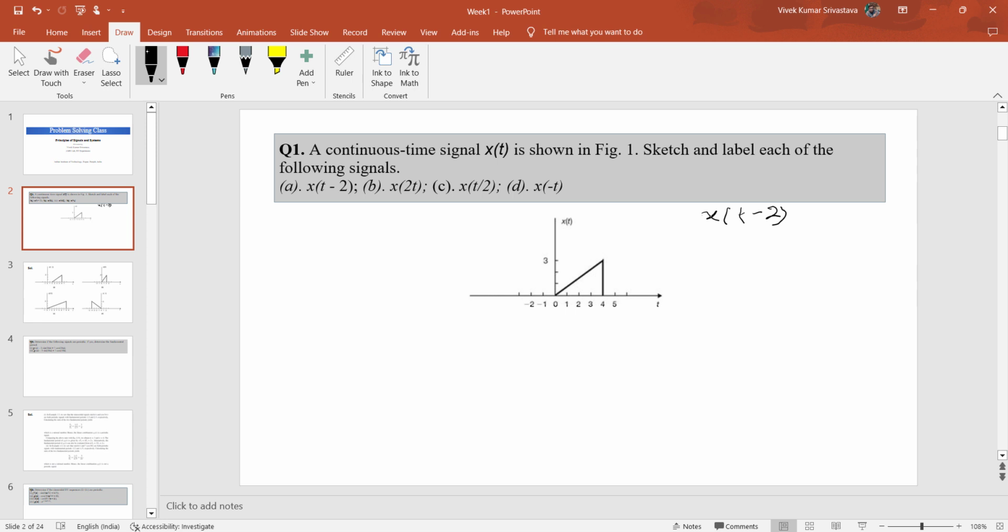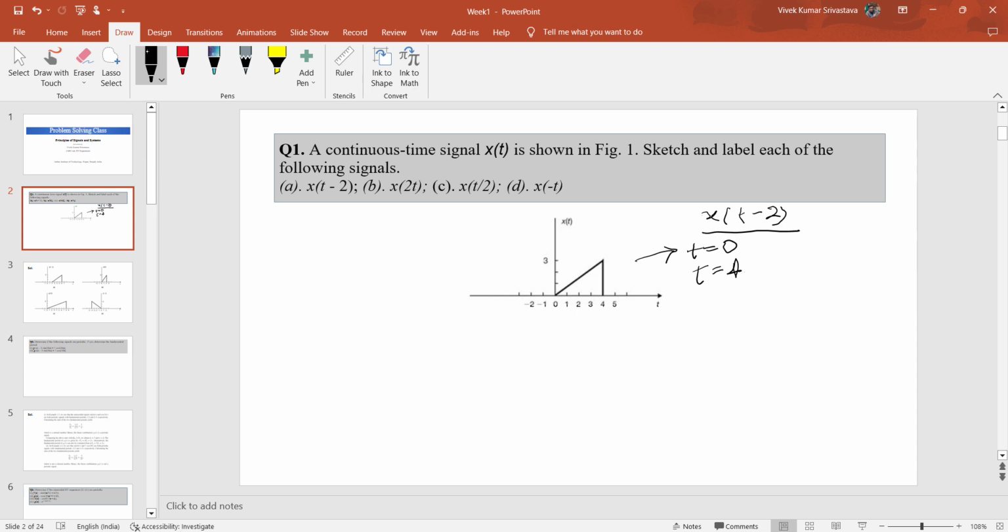As we can see in this figure, x of t starts from t equals 0 and ends at t equals 4 seconds. We will try to shift this signal by t minus 2 seconds. So this signal is basically a shifted version of x of t.